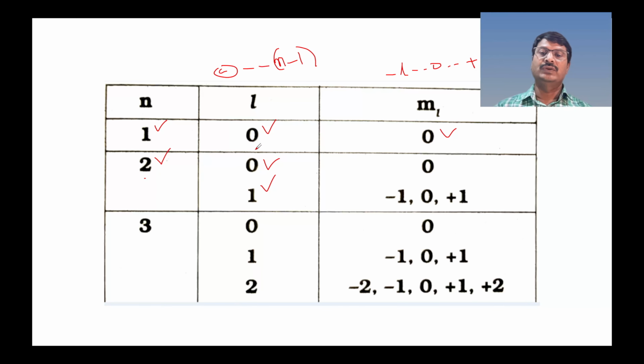If n is equal to 2, L values are 0 and 1, s orbital and p orbital, and the m values are 0, minus 1, 0, plus 1. If n is equal to 3, L is equal to 0, 1, 2. So the m values are 0, minus 1, 0, plus 1, minus 2, minus 1, 0, plus 1, plus 2. Like that, depending upon the n value we get the L values, and depending upon the L value we get the m values.